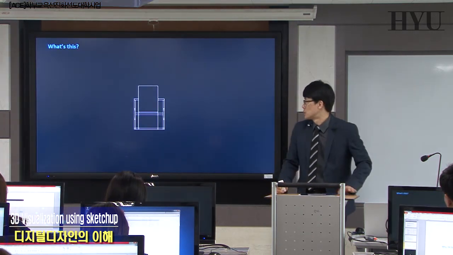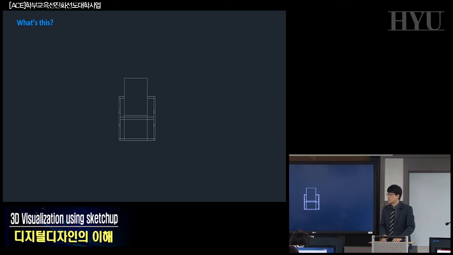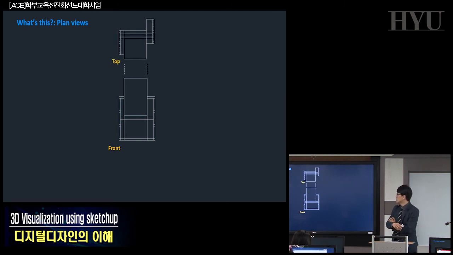So what is this? Actually, you may have already checked out the course material, but anyway, this front view is a very typical 2D representation of a furniture, so-called plan views, front view, elevation. How about this top view?